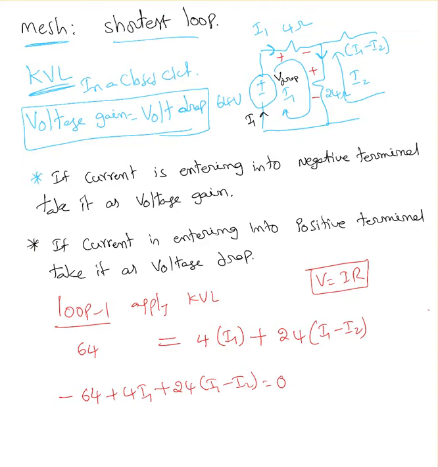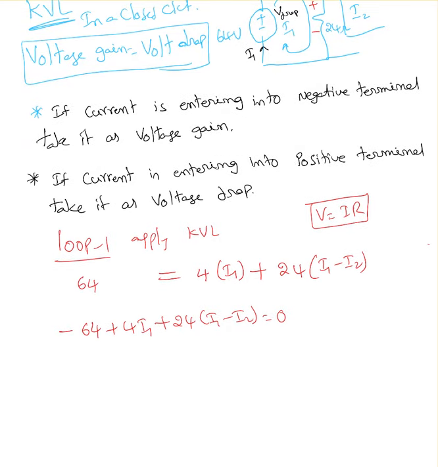That's one way to look at it. Or, when you are entering into the negative terminal, take that as a negative number, and entering the positive terminal, take that as a positive voltage. If I simplify this, I end up with 28 I1 minus 24 I2 equals 64. This is my loop 1 first equation.